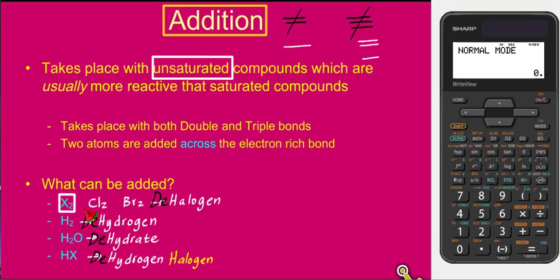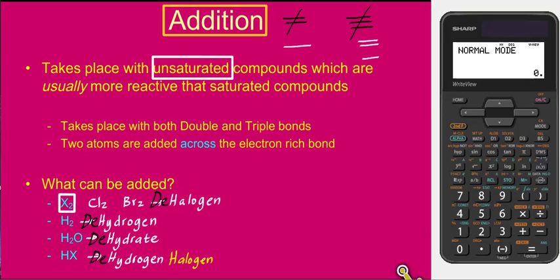When I remove the halogen, it will be called dehalogenation. If I remove hydrogen, it will be dehydrogenation. If I remove water, it will be called dehydration. If I remove hydrogen and halogen, it will be dehydrohalogenation. Can you see that they are together, addition and elimination, my friend?